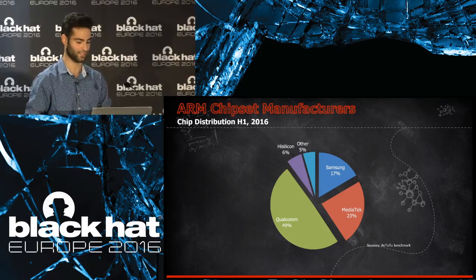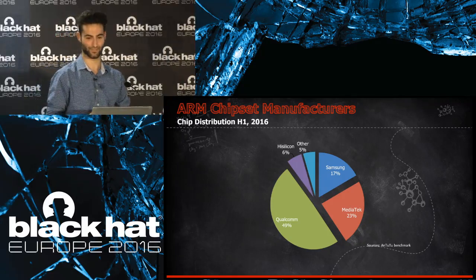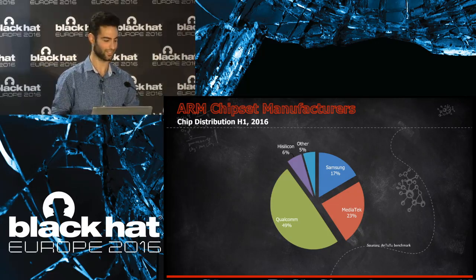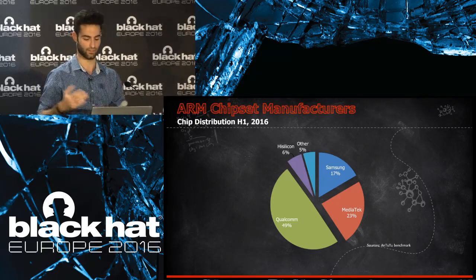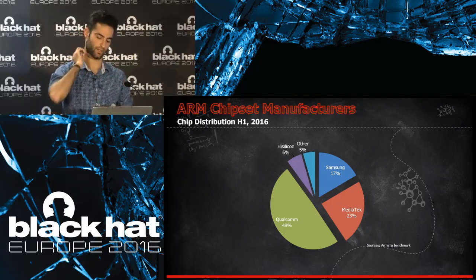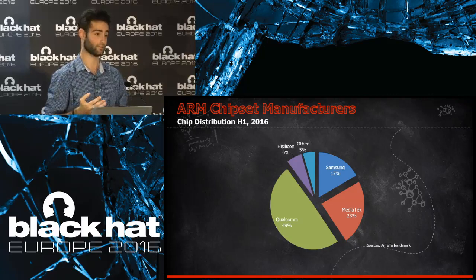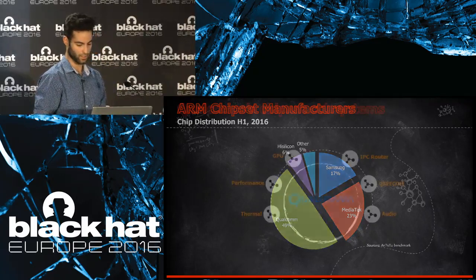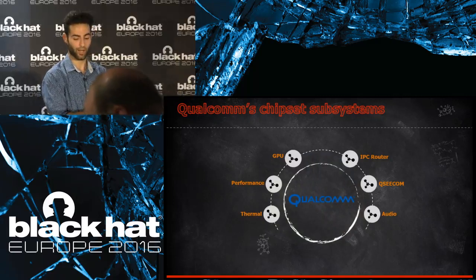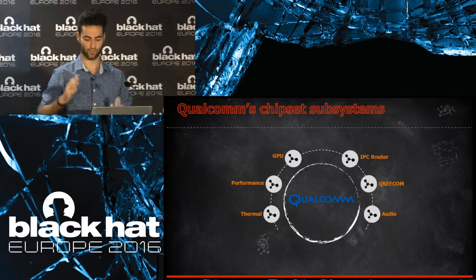Now, let's see. I know that the market is fragmented, and not very equally. We can see here that Qualcomm dominates the market, and it is the most popular ARM chipset manufacturer, and was therefore a very interesting target for our research. So, let's talk about Qualcomm. Qualcomm has a very large impact on the overall system.